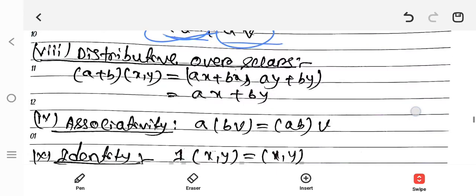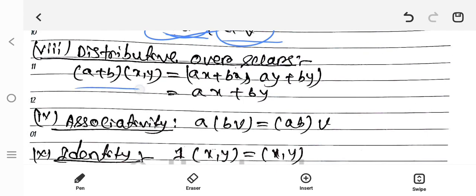And distributive over the scalar: we can write (a plus b) times (x, y), which gives us ax plus by.